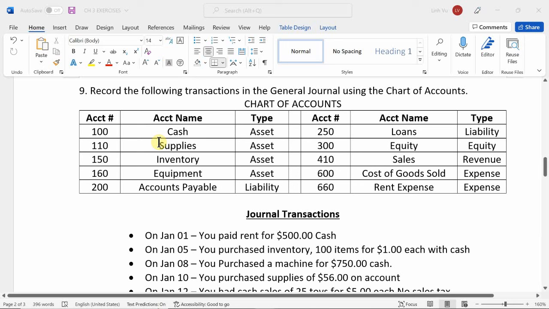Yes. Now, here's the question. Did I earn my sales or am I decreasing my sales? Earned. You earned it, right? So how do you increase a revenue account?